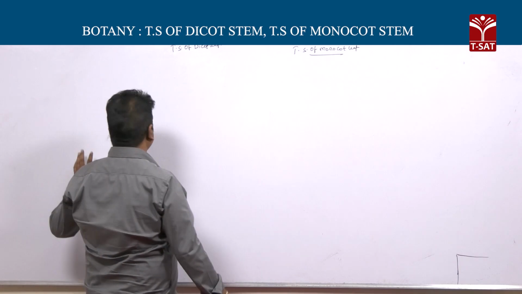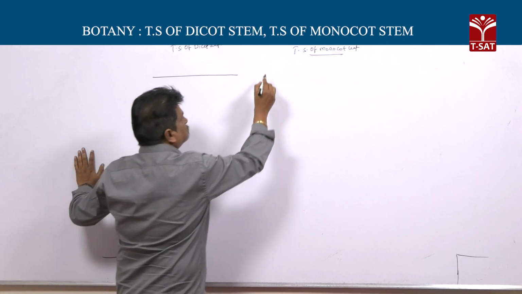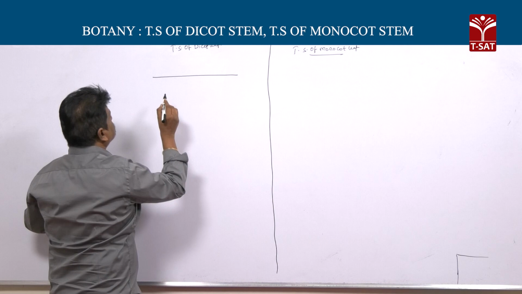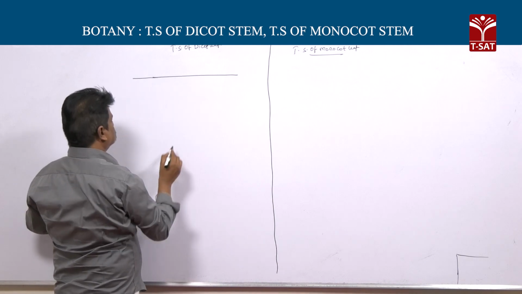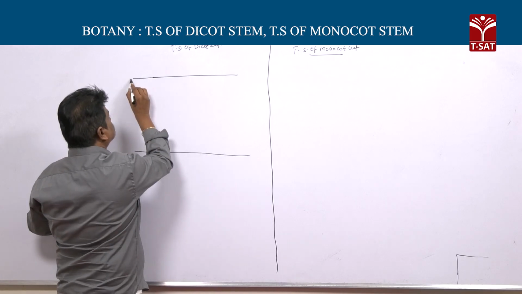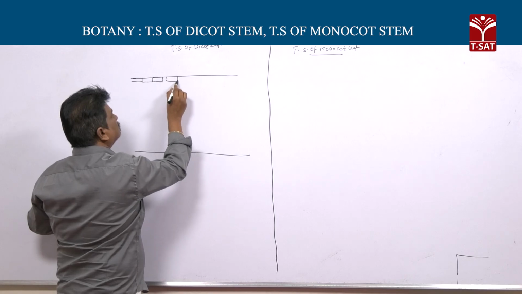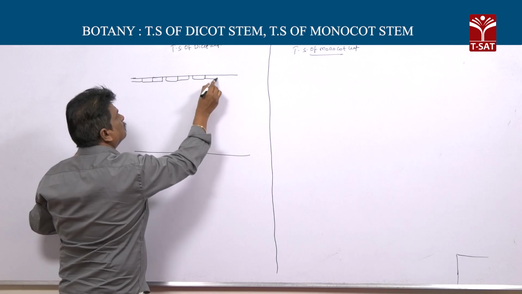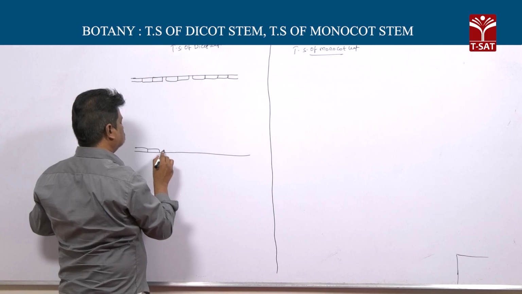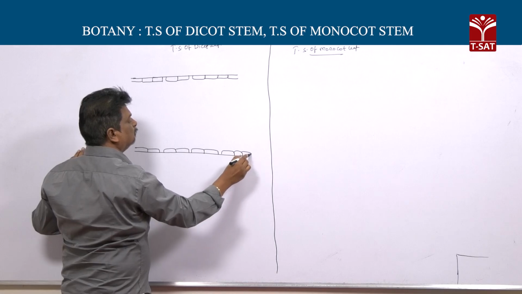Both leaves show epidermis, mesophyll and vascular bundles. So in dicot leaf, the epidermis is present on both sides.